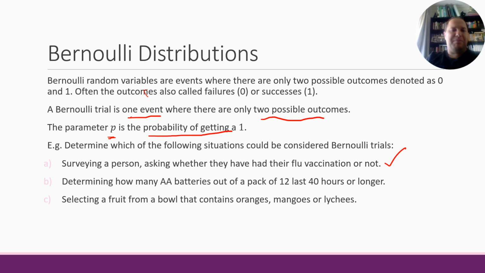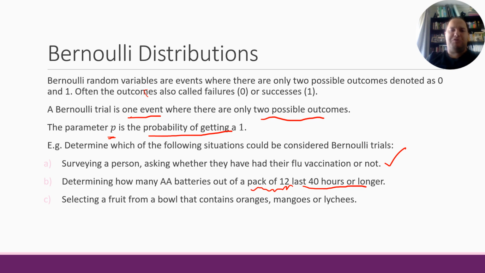Looking at this next one, determining how many AA batteries out of a pack of 12 last 40 hours or longer. As far as the number of outcomes, there are only two outcomes: either the battery does last 40 hours or longer, or it doesn't. But the problem lies in the fact that we're testing a pack of 12.